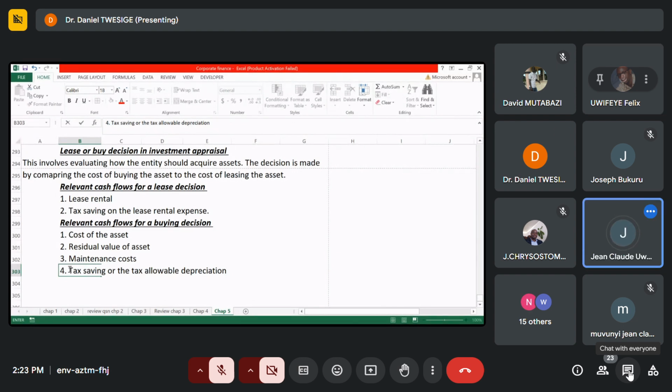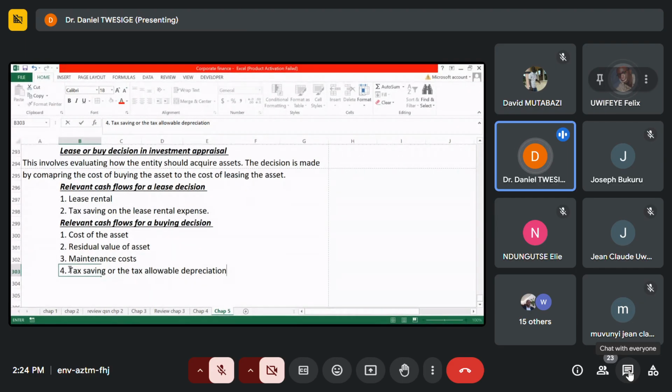Sir? Yes. Talking of tax, on this decision, means the tax is always given, while in buying it may be given or not. No. Even in the lease, if you have been given a tax rate, then it means you'll have to save.